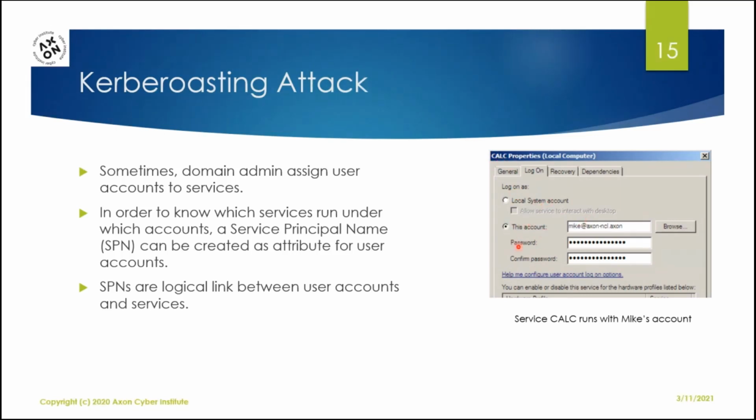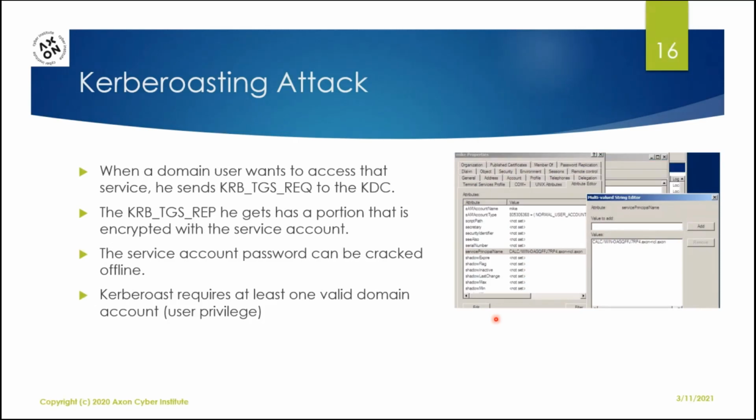I have the option to define which account it's running as. And here I am running it as Mike. So it is using my credentials to authenticate to the domain and to actually perform its tasks. Now, I can go to Mike's properties and add an SPN stating that Mike is associated.